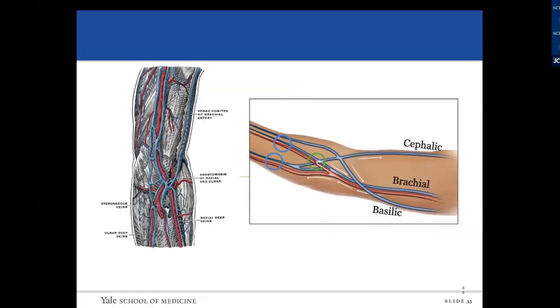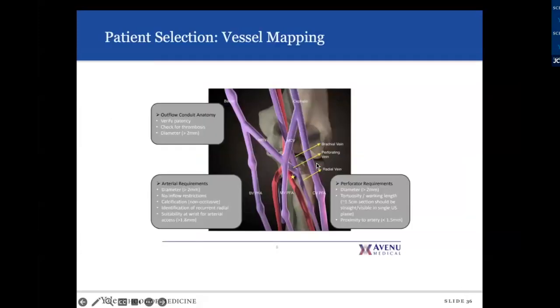For the Ellipsis device, you want to make sure that your collateral system is robust, and then you have a communication of the artery and the vein close by. These are the criteria and location of where we're going to create an Ellipsis fistula. Usually it's a 2 mm diameter artery, a 2 mm diameter outflow conduit.